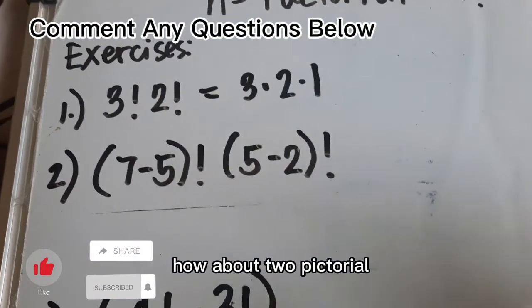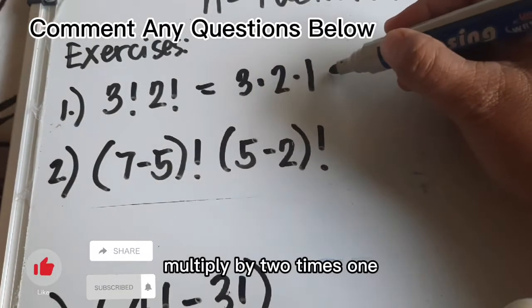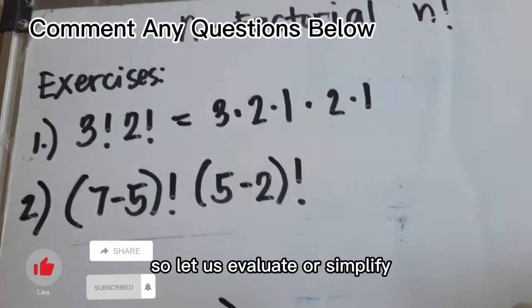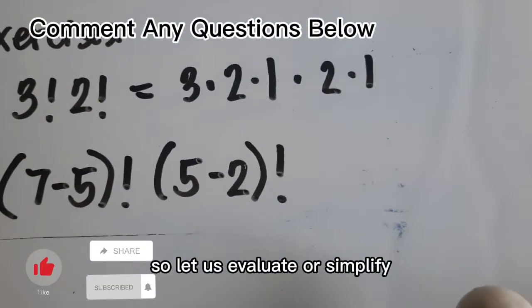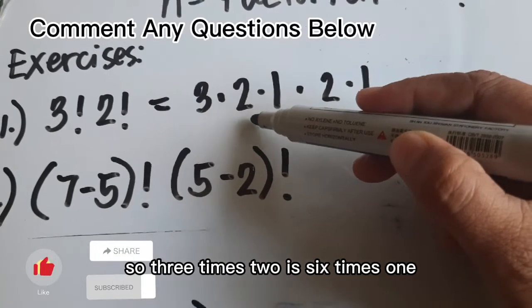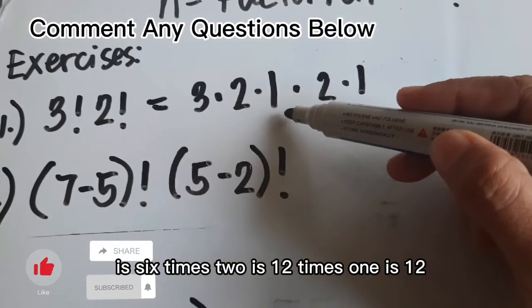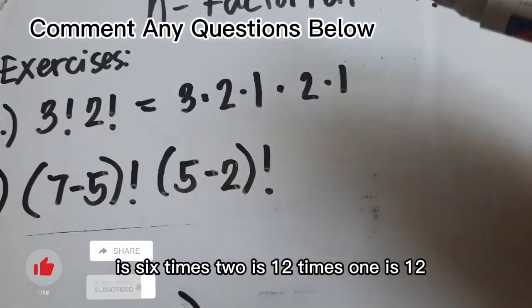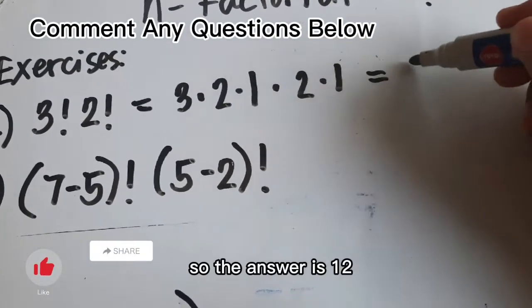How about 2 factorial? Multiply by 2 times 1. Let us evaluate or simplify. 3 times 2 is 6, times 1 is 6, times 2 is 12, times 1 is 12. So, the answer is 12.